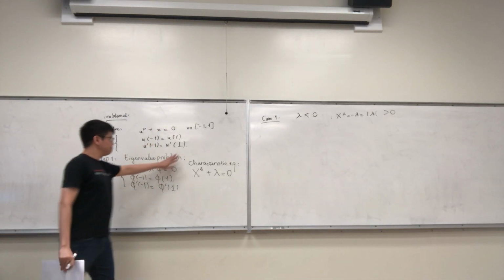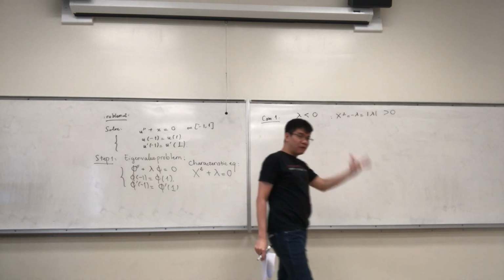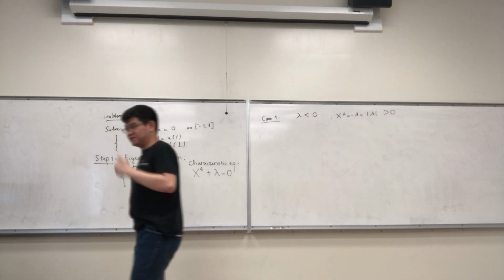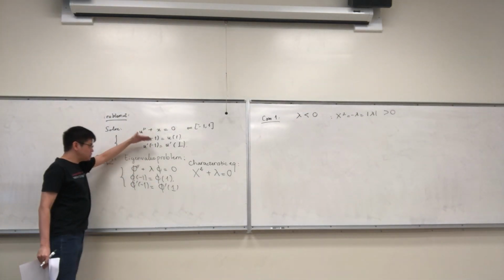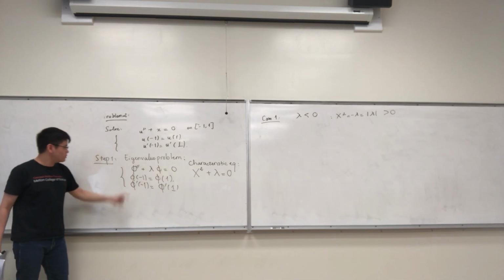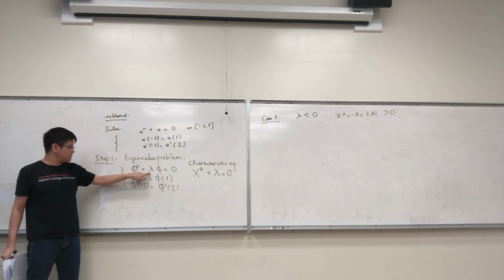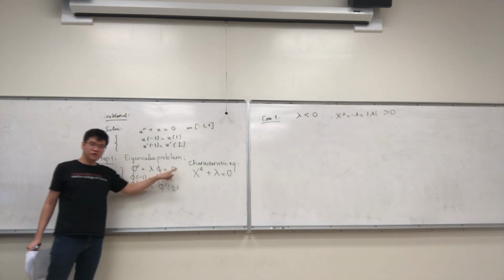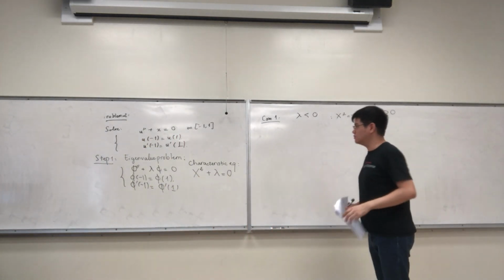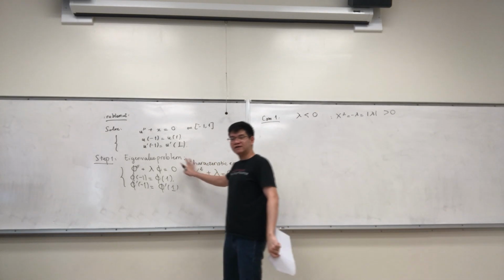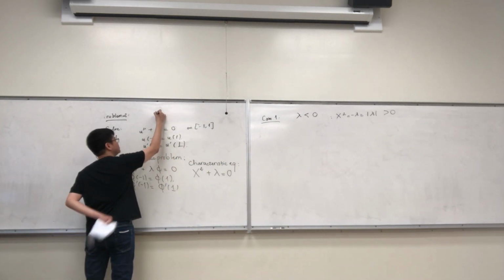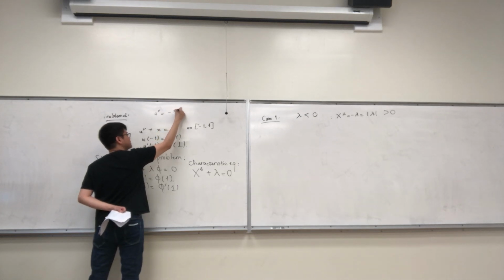So let me explain again. I give you a boundary value problem, and you have to follow the 3-step scheme. The first step is to solve the eigenvalue problem, and this is the eigenvalue problem you have: phi'' plus lambda phi is 0. So now you have a characteristic equation, which is x squared plus lambda is equal to 0. In order to find the eigenvalue problem, you just throw away the source term. You have u'' is minus x.